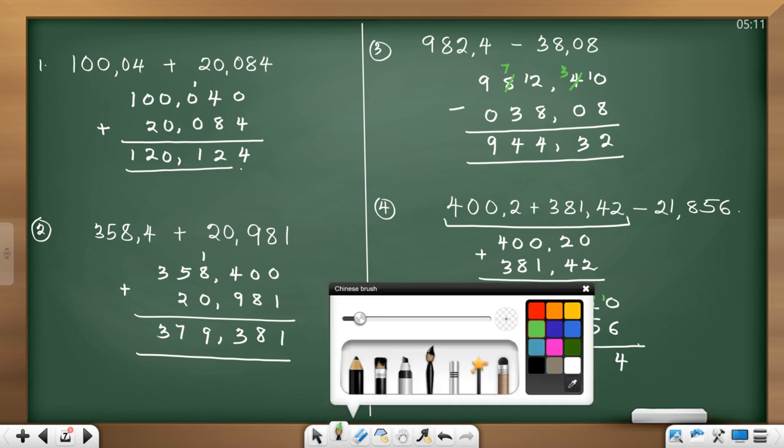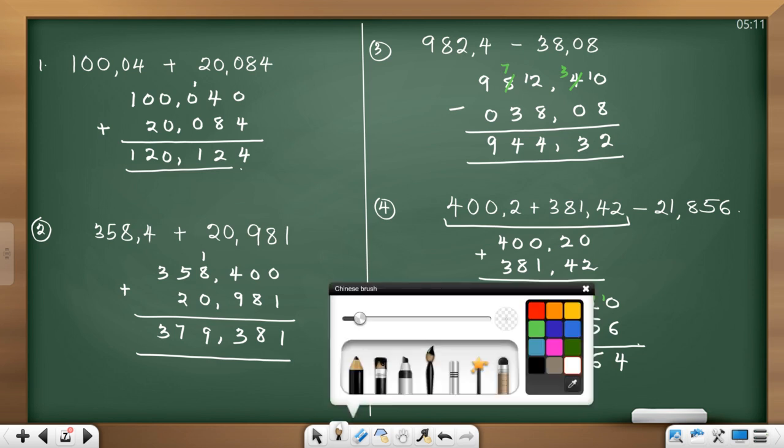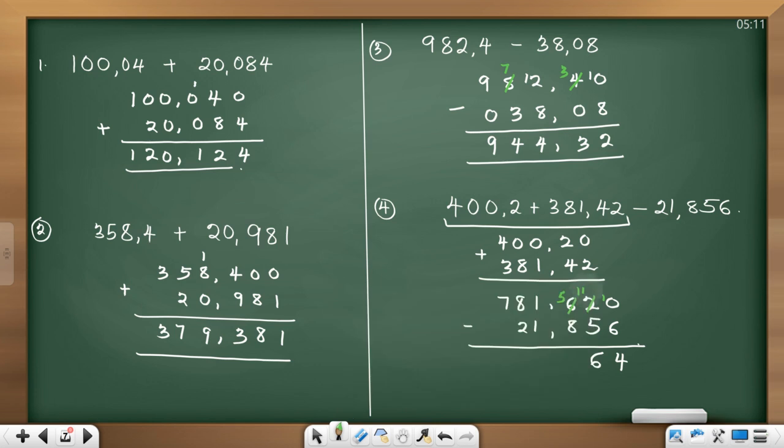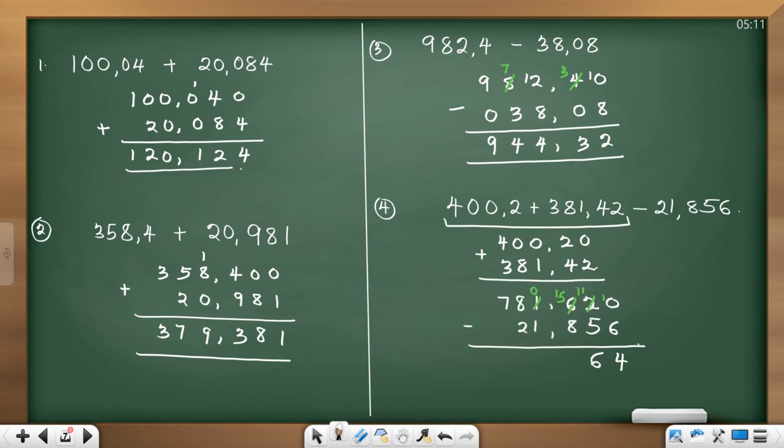So 11 minus 5 will then give us what? A 6. Now I have a problem again, which is a 5. So what do? We borrow 1 from the 1, and that leaves us with a 0, and this becomes a 15. And a 15 minus 8 is 7.